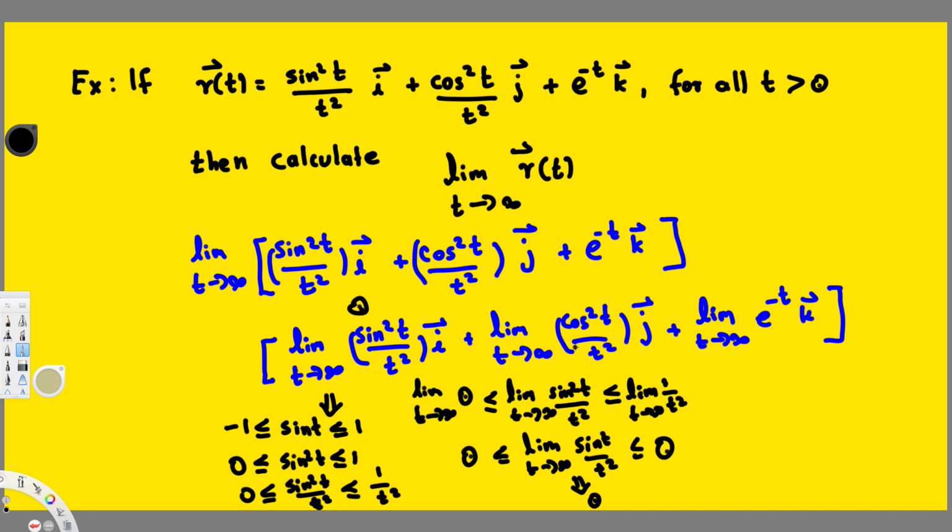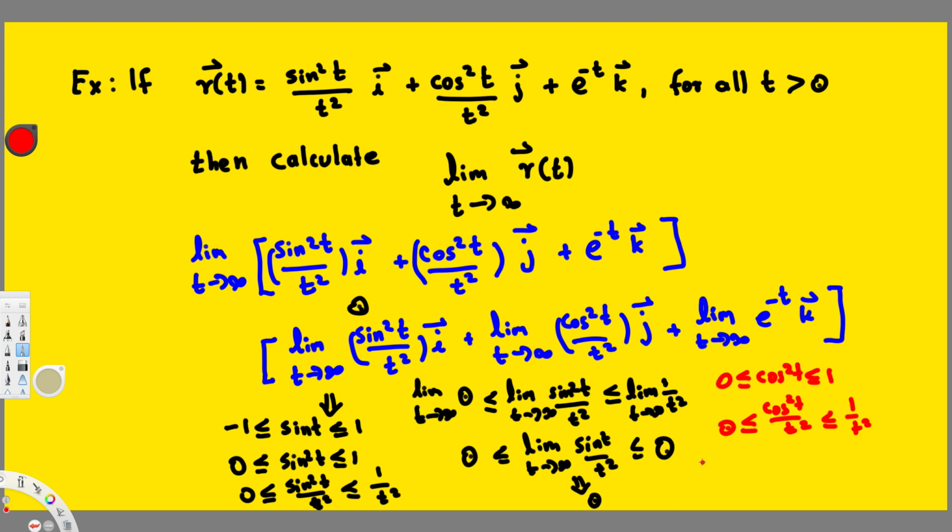Again, the second limit, same approach. When we have cos, again we can use the squeeze theorem. We know that cos must be between -1 and 1, therefore cos squared t should be between 0 and 1, right? Therefore cos squared t over t squared must be between 0 over t squared, that's going to be 0, and 1 over t squared.